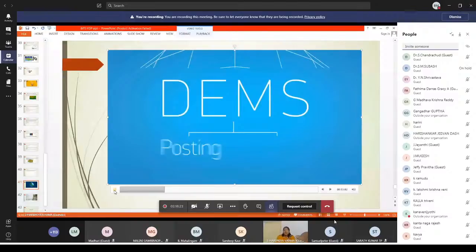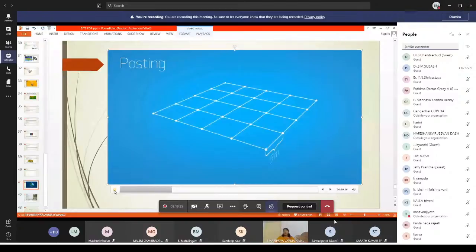Just now we have discussed that the digital elevation model can be represented in the grid form, that is rectangular or square form.